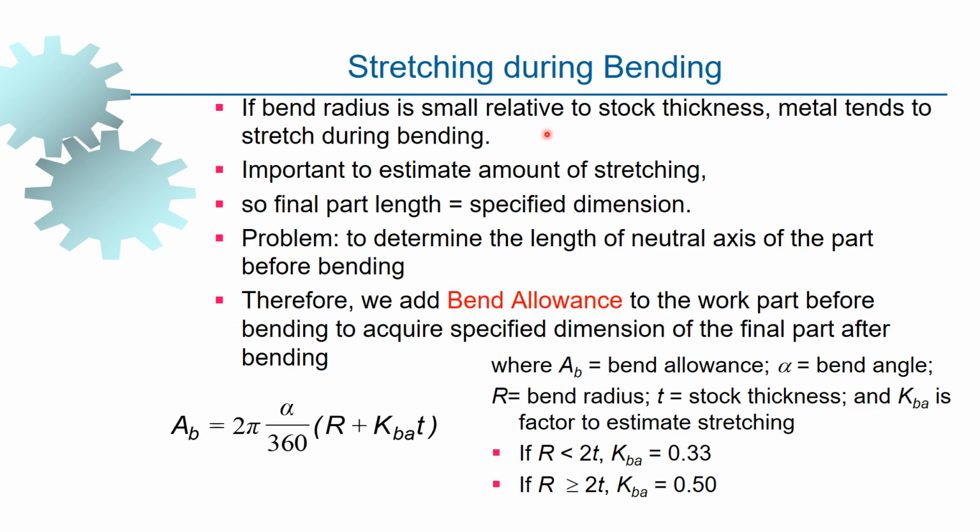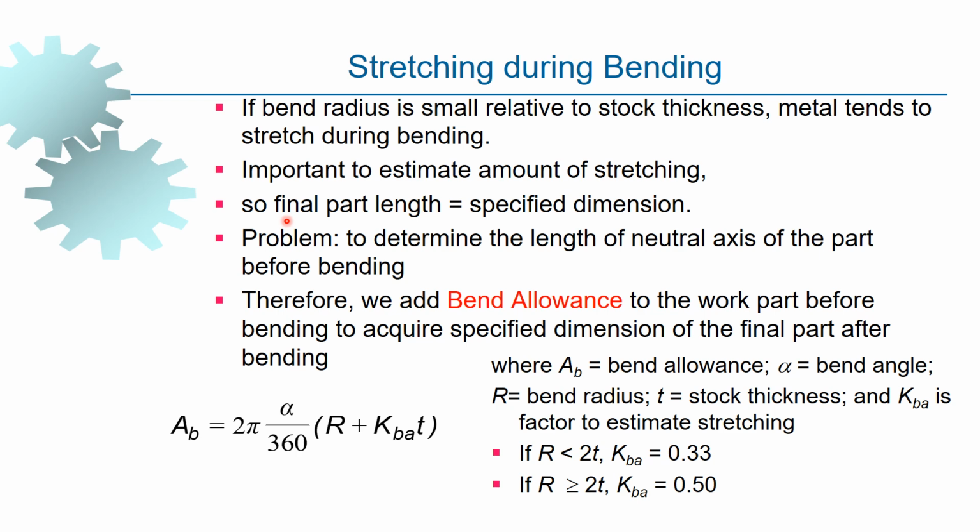So stretching during bending: actually what happens is, when we bend a material, the outer surface will stretch more, and the inner surface will stretch less. So when we undergo a bending operation, we should select the length of the stock before the operation, because, for example, if after bending we need 100 millimeter, and we select a stock of length 100 millimeter, we will not get 100 millimeter exactly.